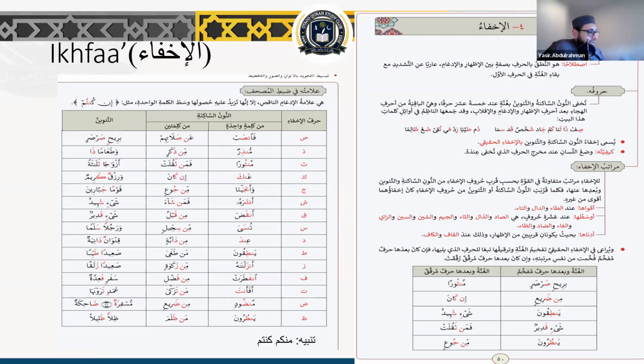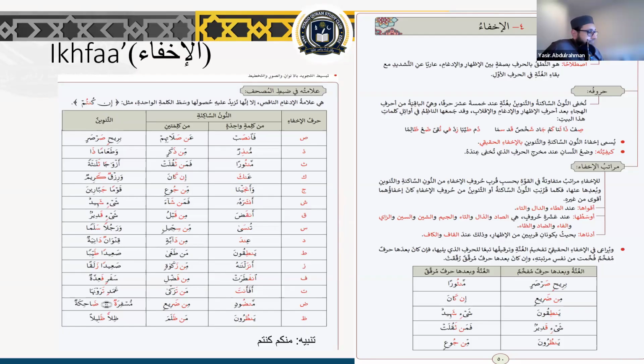The first angle is what happens with the tongue, part of the noon. And the second aspect is the nasal cavity part, the ghunna of the noon. Right? So we have the noon sakina and tanween, which its articulation point is 50-50 between the nose and the mouth.